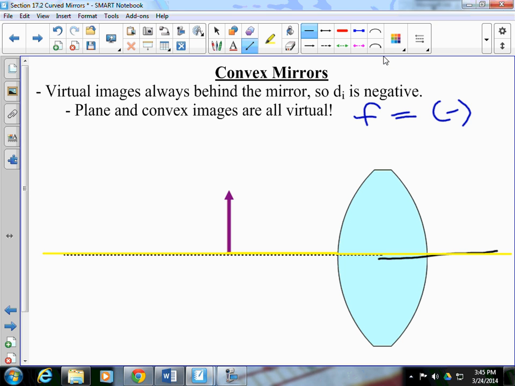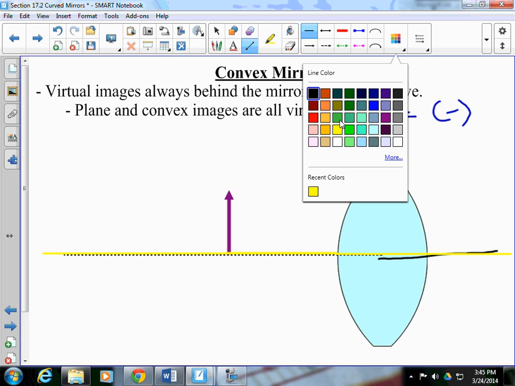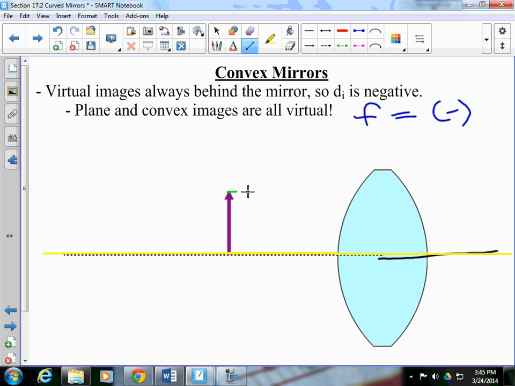Next up, we're going to do two lines. And these two lines are going to vary a little differently because the focal point for a convex mirror is behind the mirror. So what's going to happen a little differently is this. Our first line I'm going to do in green. It's going to hit the mirror. But where is that line going to go? That line is going to kick up like this. All right.